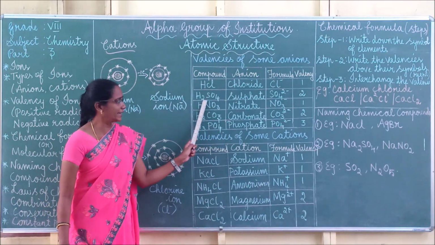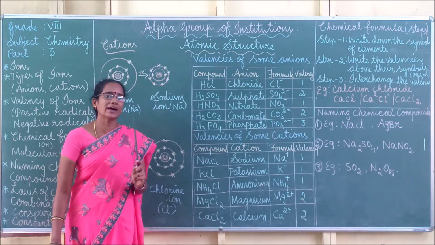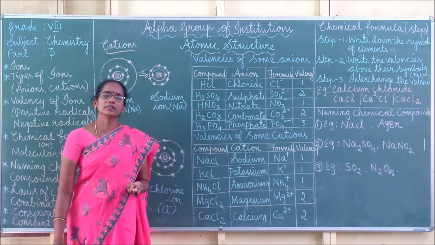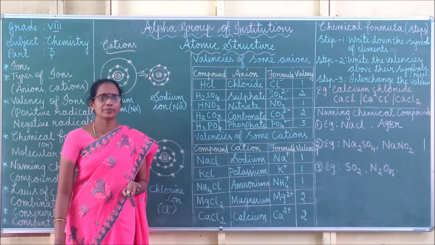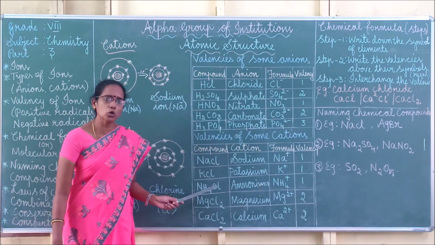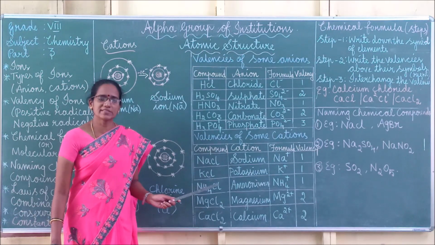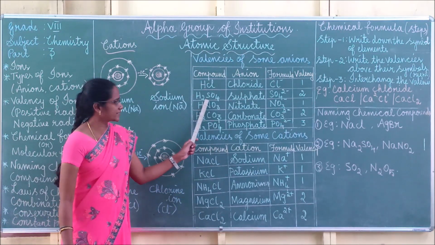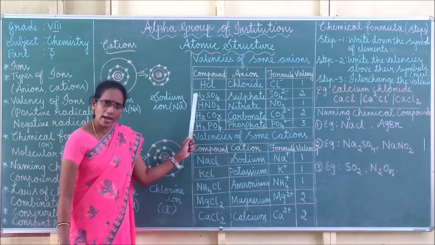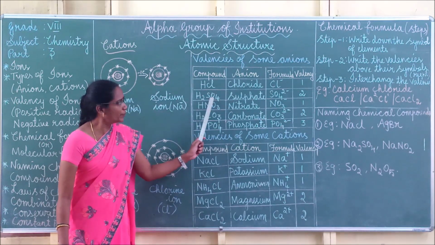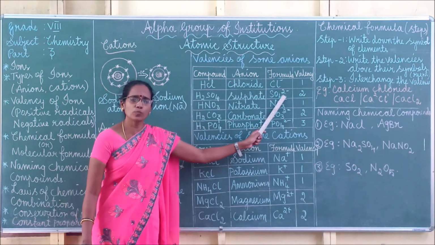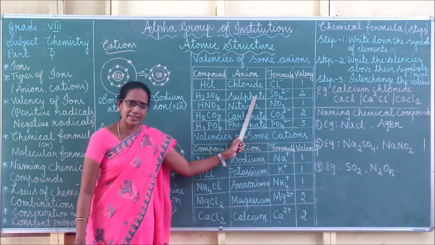Second one we can take. Already I told you we have to count the number of hydrogen atoms or otherwise the monovalent atoms like sodium, potassium, next to chlorine. Second one we can see here, two hydrogen atoms combine with SO4 2 minus. This SO4 2 minus is nothing but the sulfate ion.